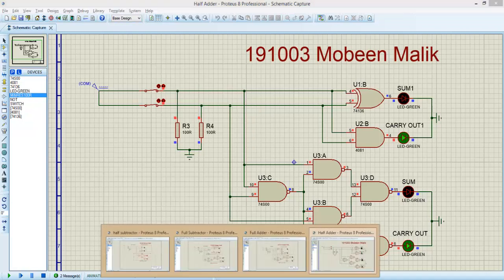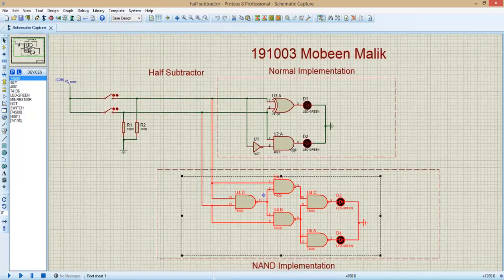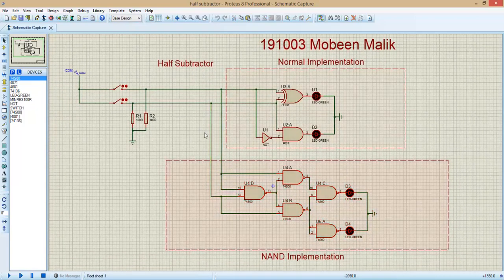Now the next circuit that we have to verify is of the half subtractor. Same goes for here, as this becomes the first input, this is the second input, and this LED represents the difference, and this LED represents the borrow, if any.